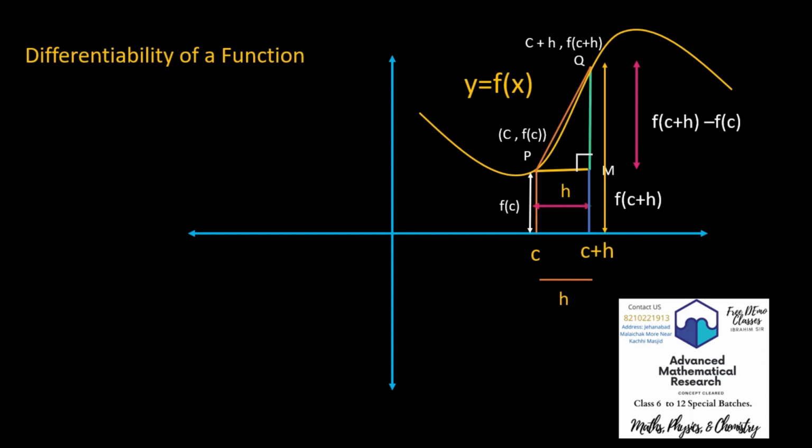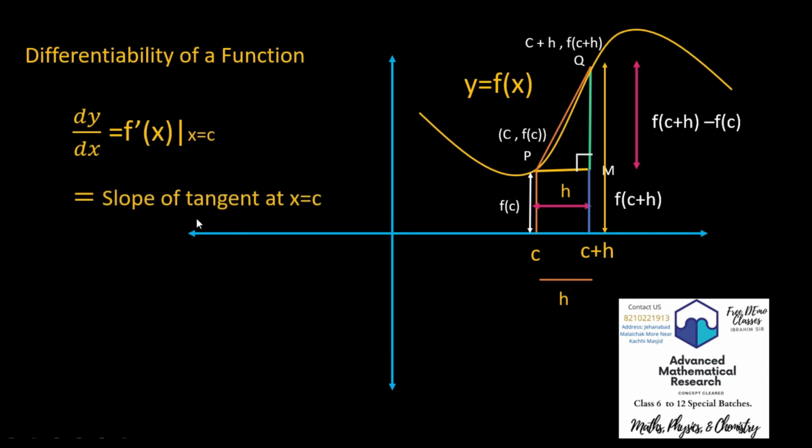So perpendicular divided by base will be the slope of the secant line PQ. Now what is the differentiability of the function? This is dy/dx, that is equal to f prime of x at x equal to c. So that is equal to the slope of the tangent at point x equal to c. This will be my tangent.